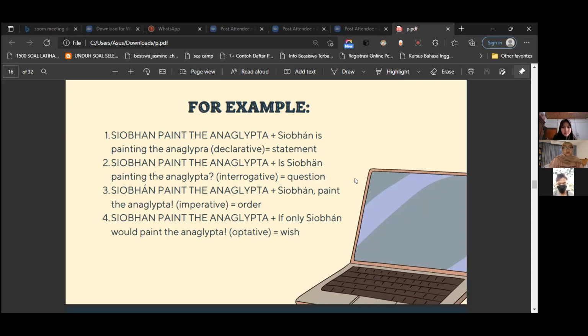It can be an interrogative or question. The third one is Siobhan, paint the anaglypta. It can be an imperative sentence. And the last is the optative, or wish, where we can add the sentence: if only Siobhan would paint the anaglypta.